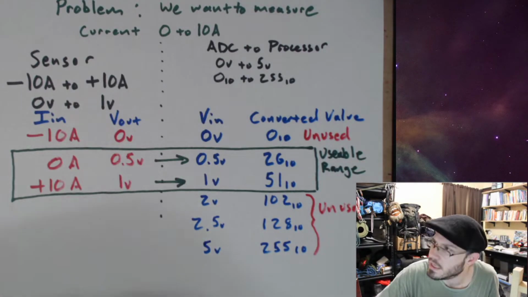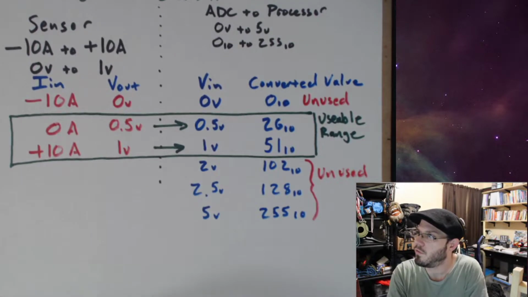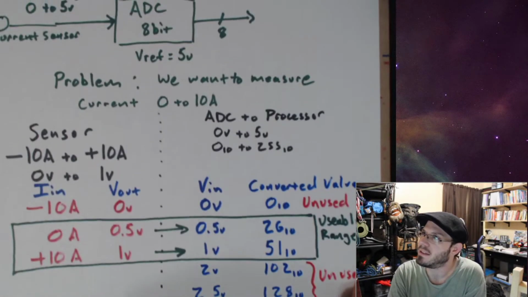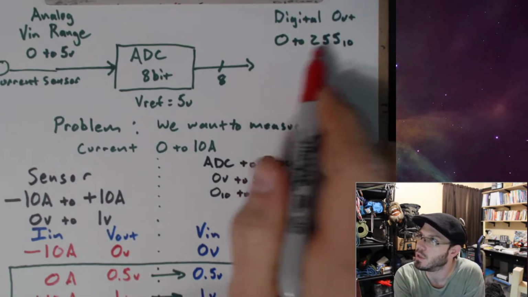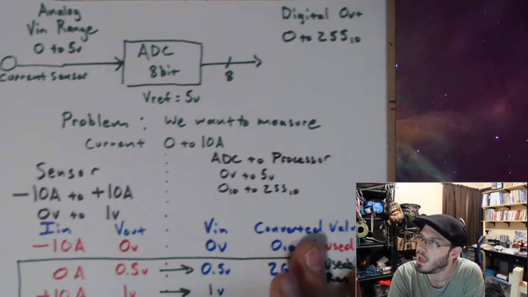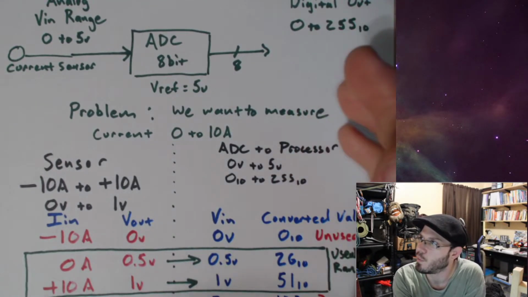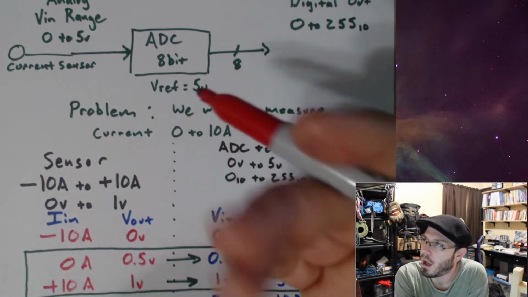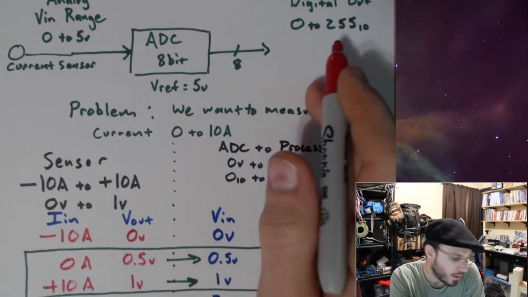Now, I hope you see this as being a problem, which is that we're effectively taking our 8 bits of resolution that gives us this nice 0 to 255 range numerically output from here that we would measure, monitor, run some program that does something to monitor these values.